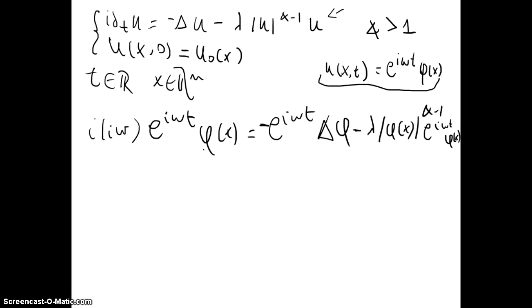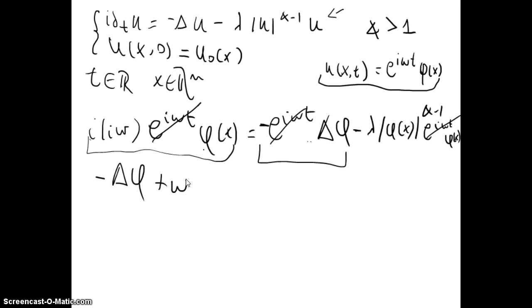Okay, so we can get rid of this, and finally we can say that we have minus Laplacian phi plus omega phi equal to lambda |phi|^(alpha minus 1) phi.